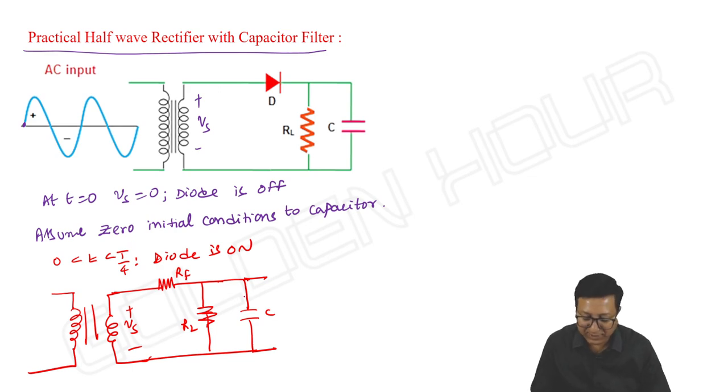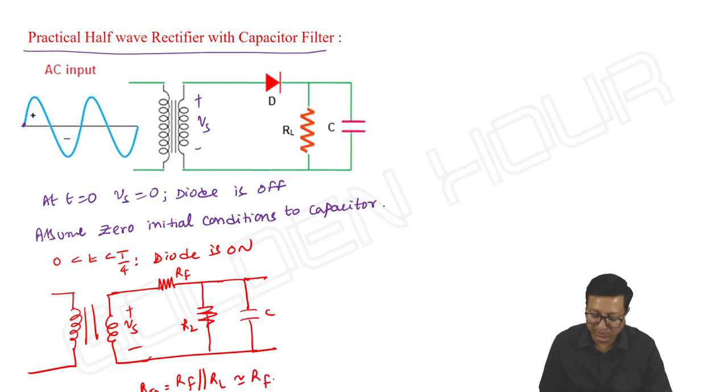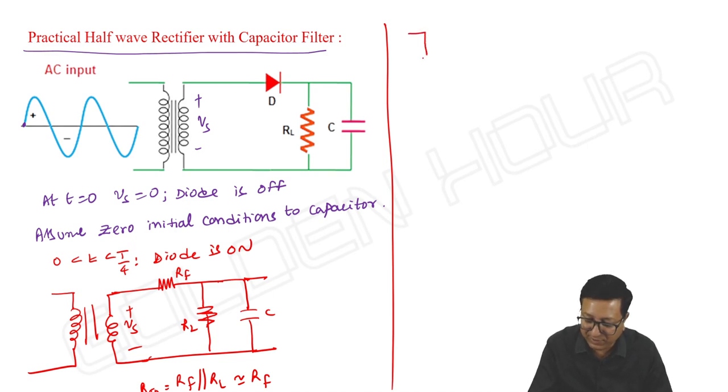So this is then further written like, Thevenin's equivalent resistance, which is nothing but RF in parallel with RL, or approximately equal to RF. Which means the same circuit can even be redrawn this way.